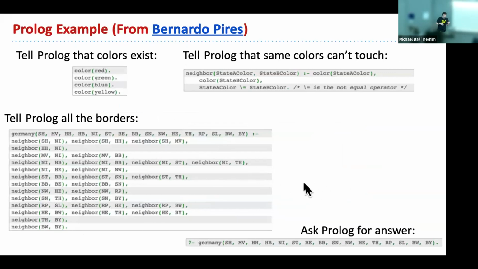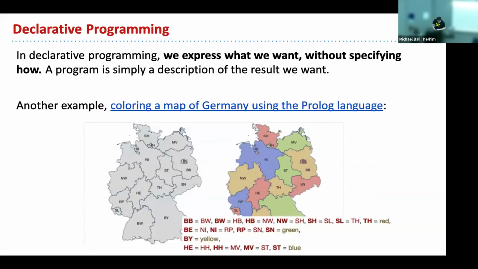So we say, color in Germany these list of provinces. And what we get back is a colorful map where, as far as I can tell, this is a totally correct ordering of the map, where each province is a different color from the one next to it. The program can output an explicit sort of list, right?